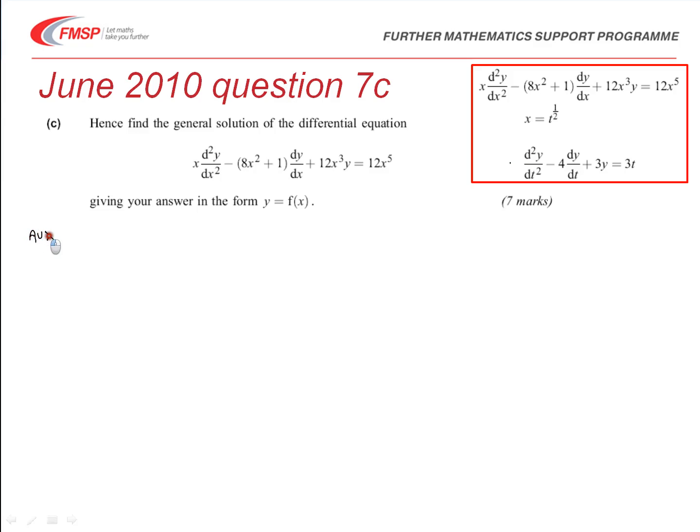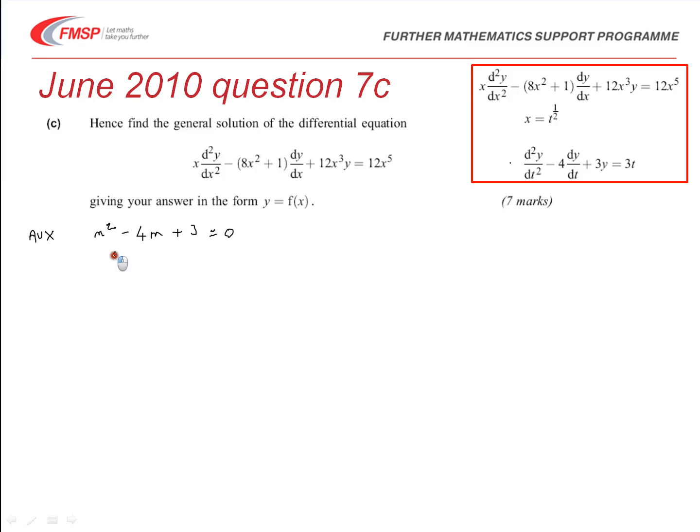So from that auxiliary equation, we got a single d2y by dx squared, so that gives us just a single m squared. We then got minus 4 lots of m from the dy by dt plus 3. So those are your coefficients of each of these terms, and that will equal 0.